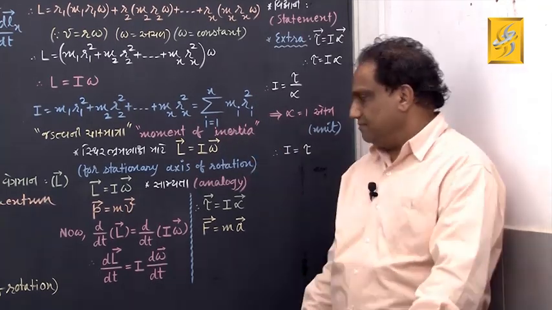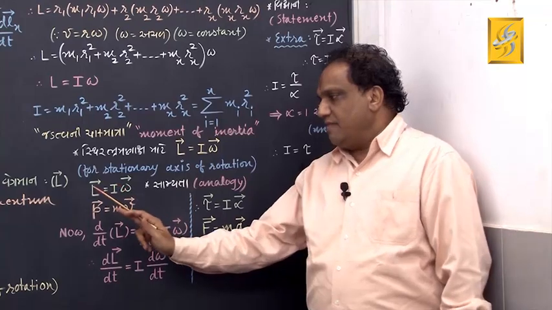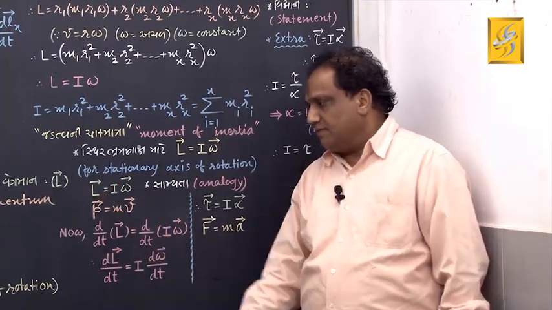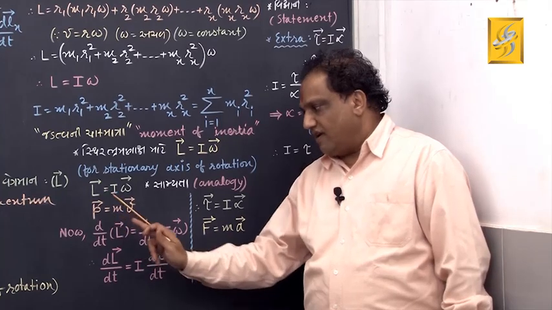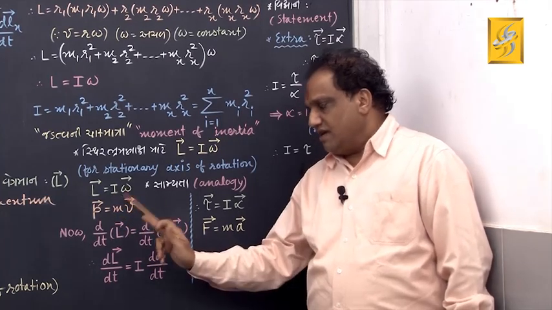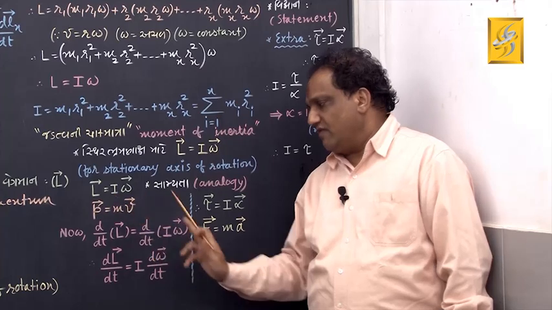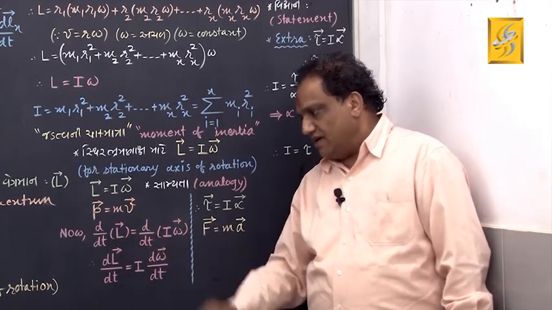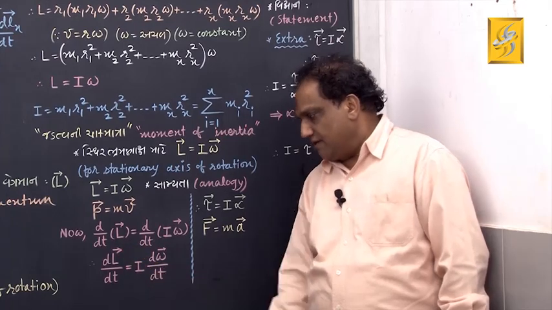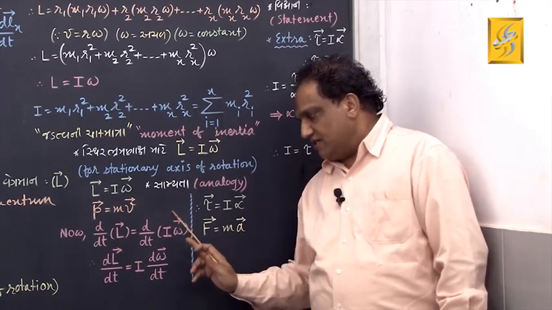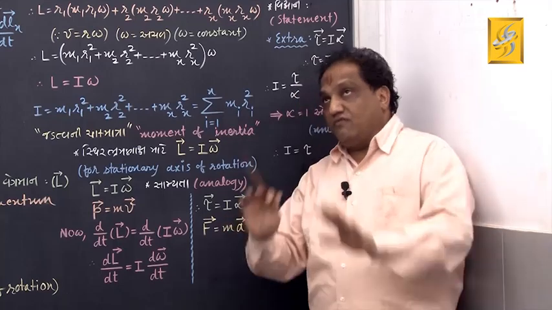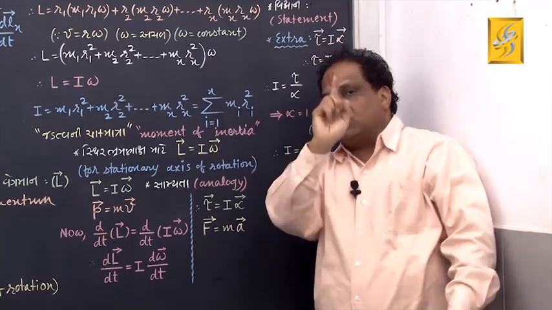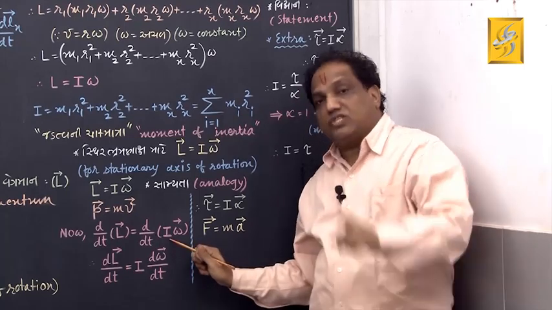Fine. Now, just take d by dt in this equation on both sides. When you take d by dt here, it is d by dt of vector L, and here d by dt of I into vector omega. For a given rigid body rotating about a given stationary axis of rotation, the value of I is constant.